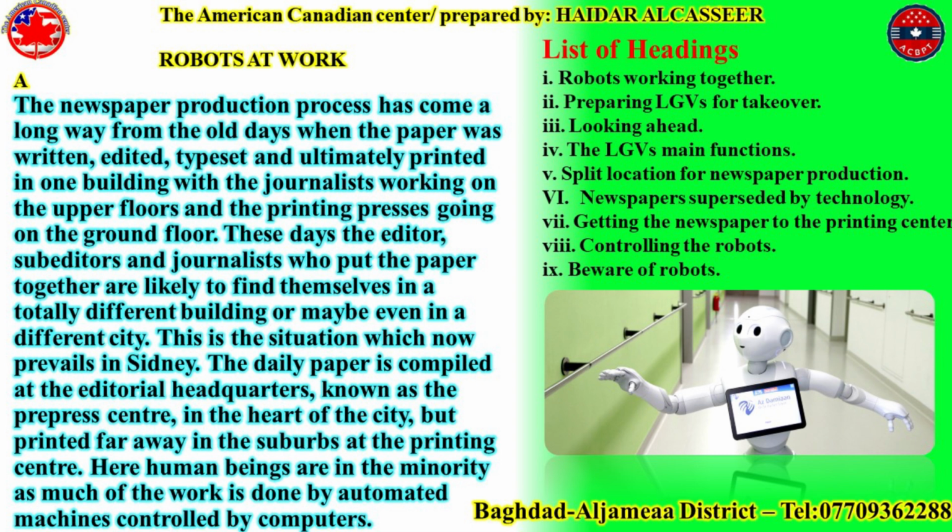Controlling the robots, nothing about robots here. Beware of robots means there is a danger because of robots, warning of the robots. So we don't have anything related to robots here. So the only answer here will be 5V, split location for newspaper production.